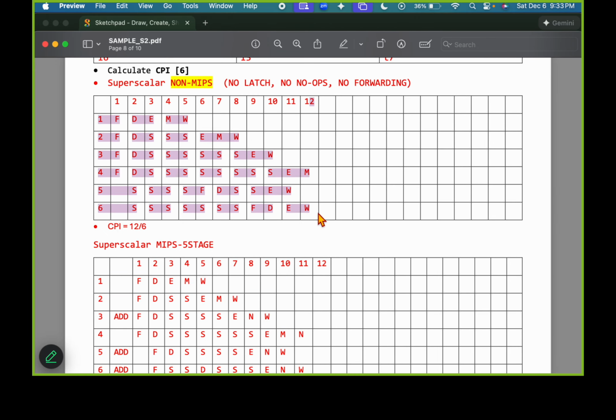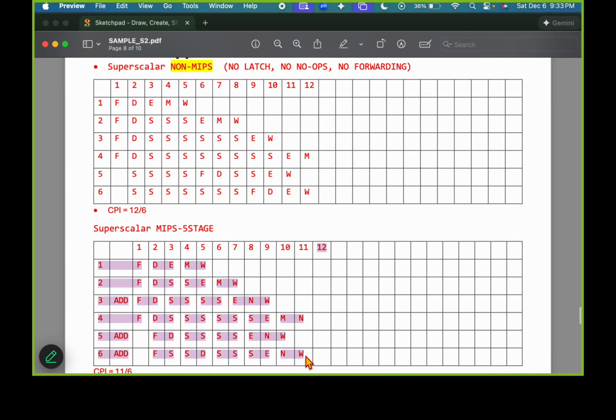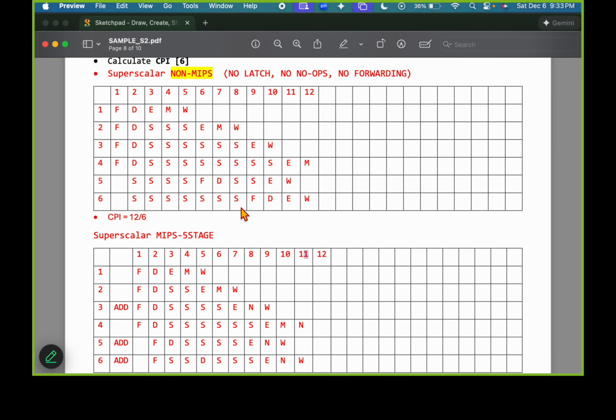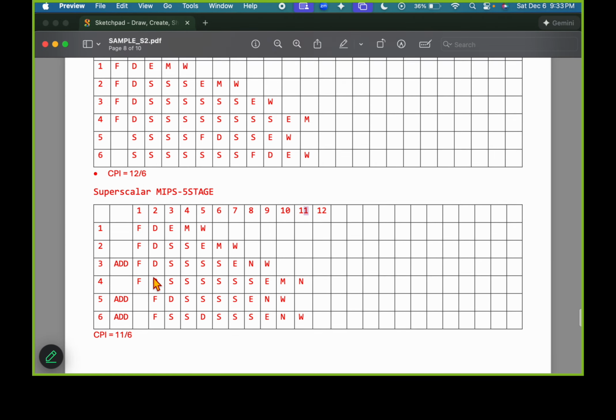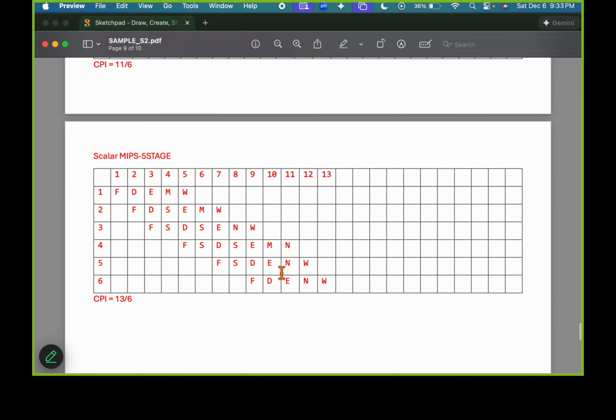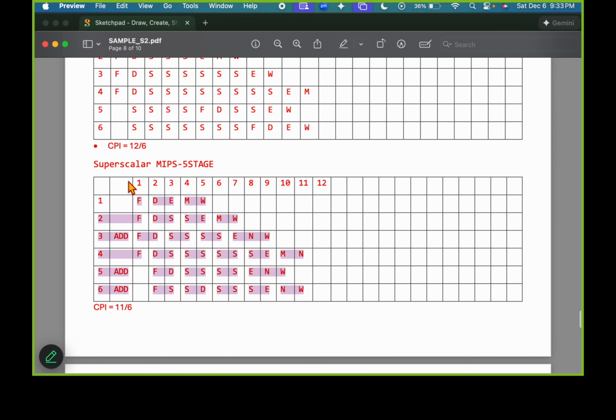This one takes 12 cycles, this one only takes 11. So having that no-op meant that we got to avoid a stall. And, well, yes, we have a lot of stalls here. It still made enough of a difference that we had 1 cycle left. Okay? And then finally, that was superscalar.